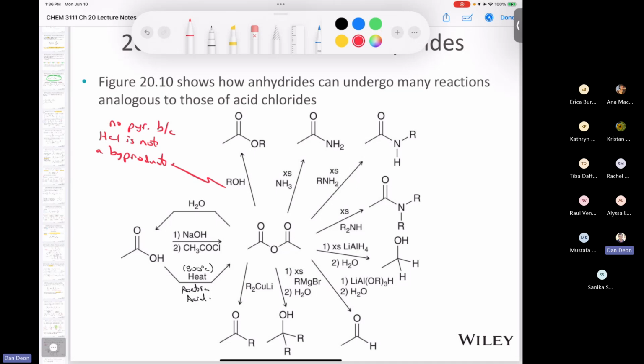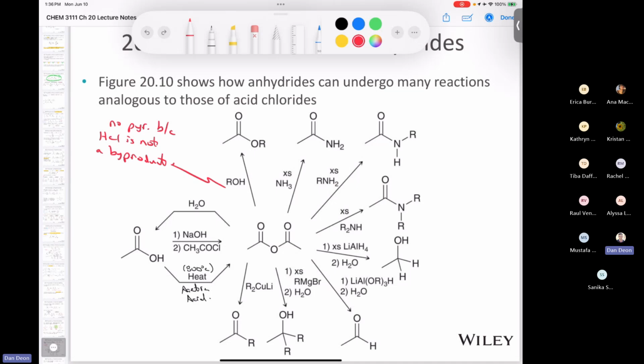So if we do the alcoholysis, we just need our alcohol. Leaving group leaves, we do a proton transfer, and we end up with an ester. If you have ammonia, a primary or secondary amine, you're going to end up with a primary, secondary, or tertiary amide, respectively. And in each one of these cases, we use an excess of the amine to neutralize in the end.